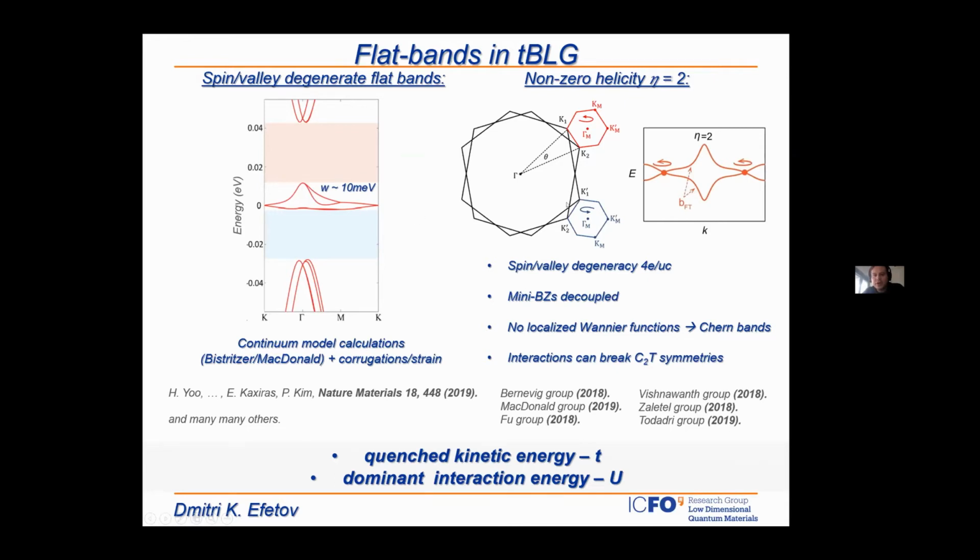They have revealed that these mini Brillouin zones which are formed basically have a non-zero helicity of 2 instead of 0 like in normal graphene, and therefore there are many theories out there that predict that the flat bands have to be thought of as Chern bands, because one cannot easily define a localized Wannier function for this problem. And as I will show later on, we really also see signatures of topological transport in these devices.